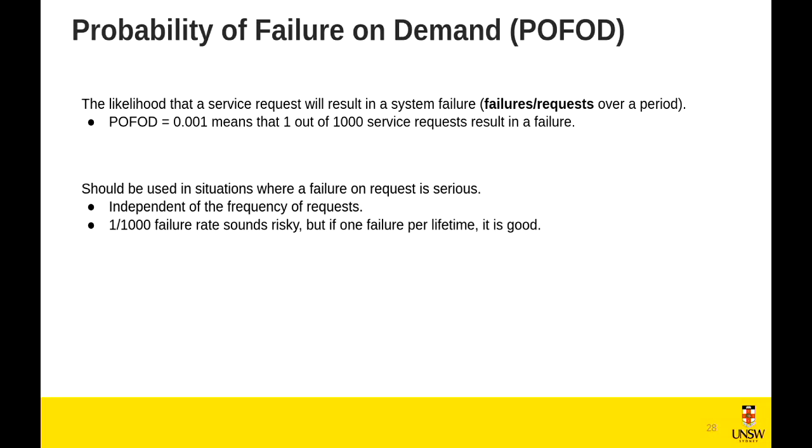So although 1 out of 1,000 requests sounds very scary, if, let's say, that feature is only used once per year, then this is not a big issue, right? So it only concerns the number of requests, but it doesn't care about the frequency of the requests. So this is this metric.